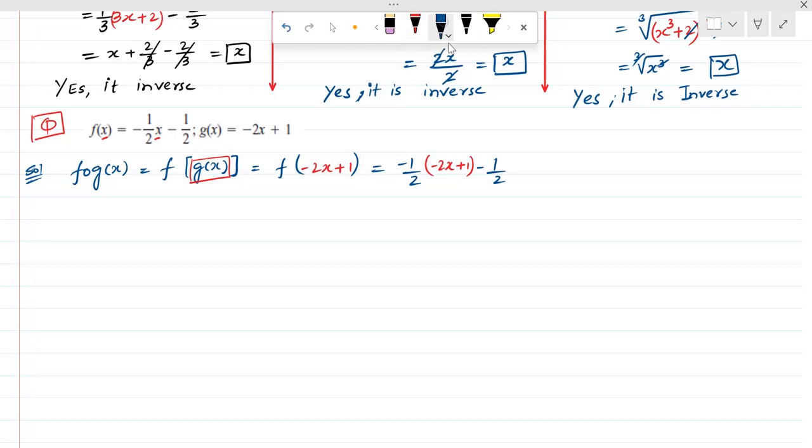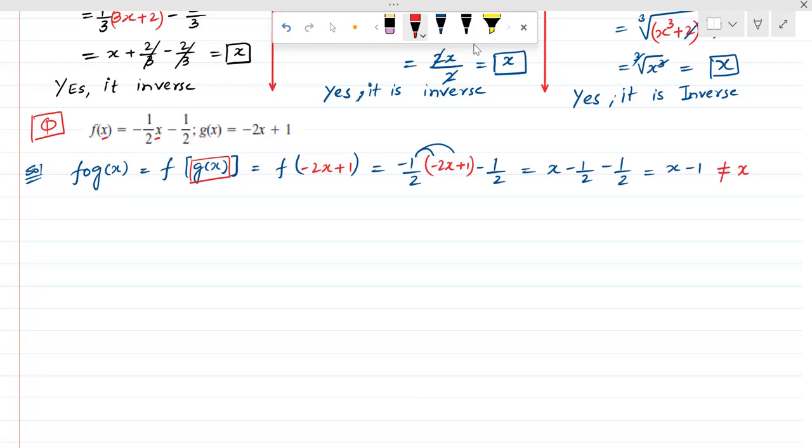Now simplify this one. What is the simplification? When you multiply inside, you will get minus of minus plus, 2 cancels, you will get x. When you multiply inside, minus half, here minus half. So therefore, if you simplify, it is not cancel, it will add, you will get minus 1. Which is not equal to x.